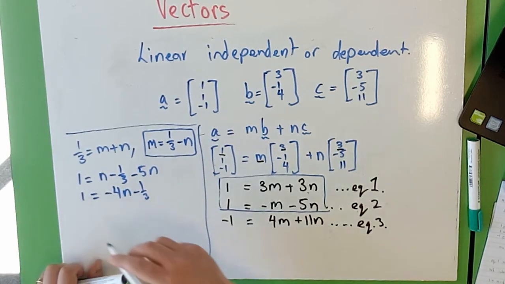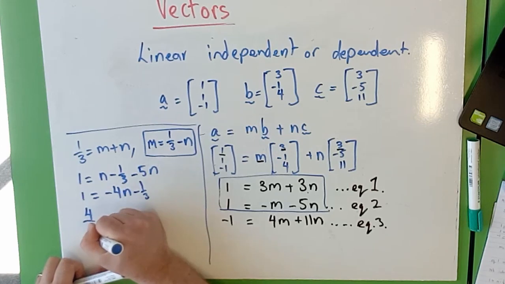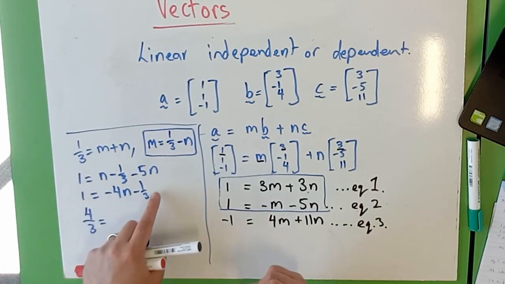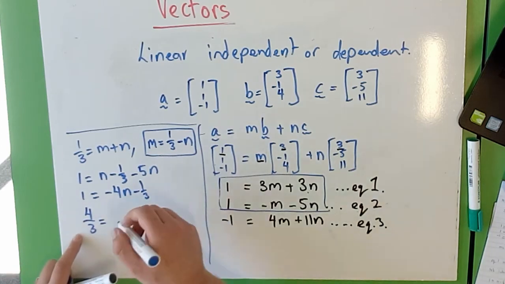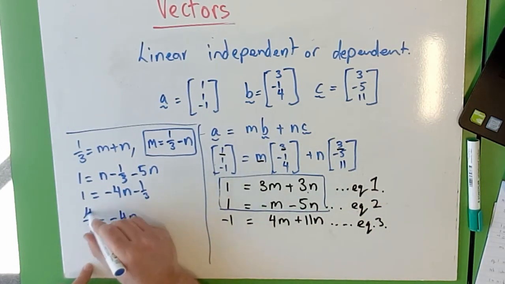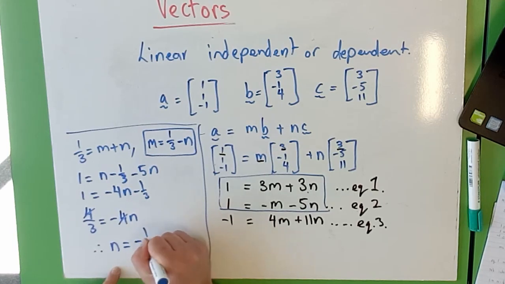I can add 1/3 to both sides. 1 plus 1/3 is 4/3, since 3 on 3 plus 1 on 3 is 4 on 3. That equals negative 4N. Divide both sides by 4 and take the negative across, and I get N equals negative 1/3.